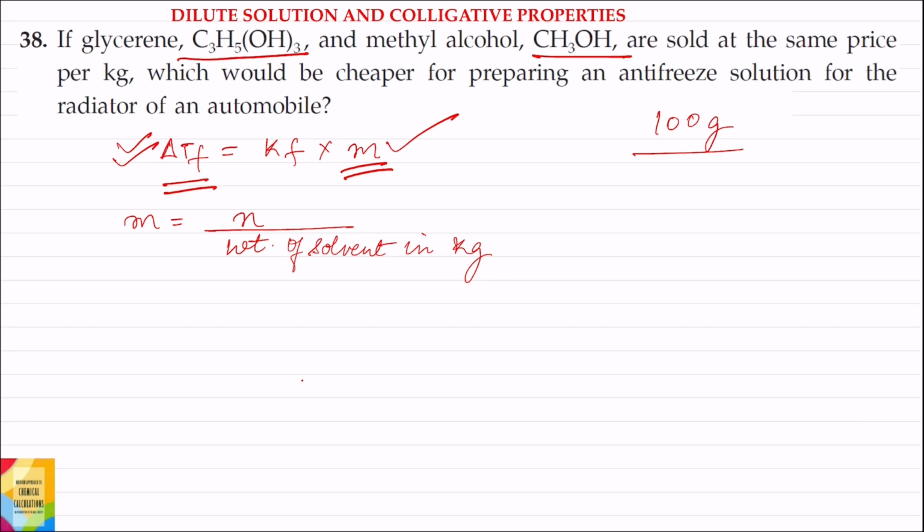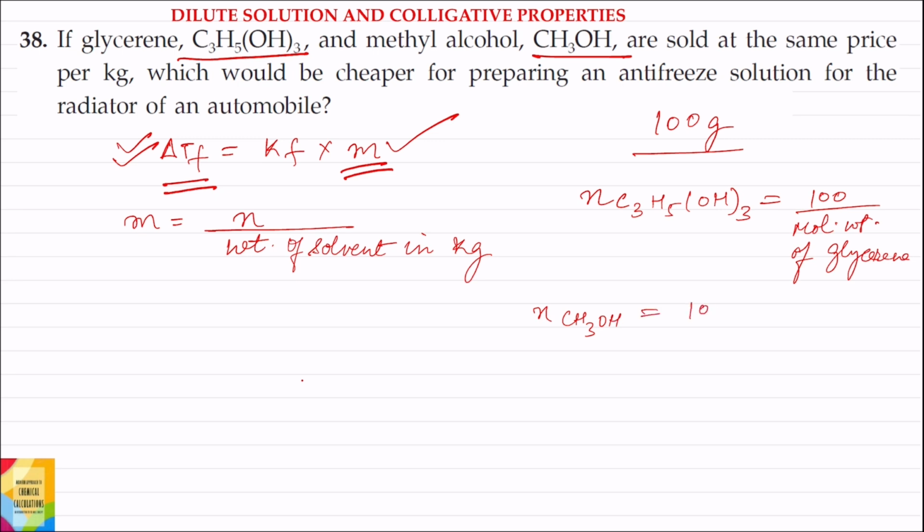Why? Because molecular weight of glycerin is very high in comparison to the molecular weight of methyl alcohol. Number of moles of glycerin will be equal to 100 divided by molecular weight of glycerin, and number of moles of methyl alcohol will be 100 divided by molecular weight of methyl alcohol.